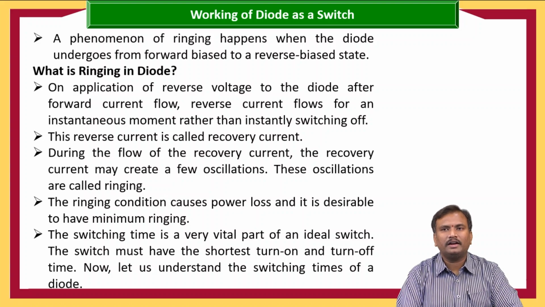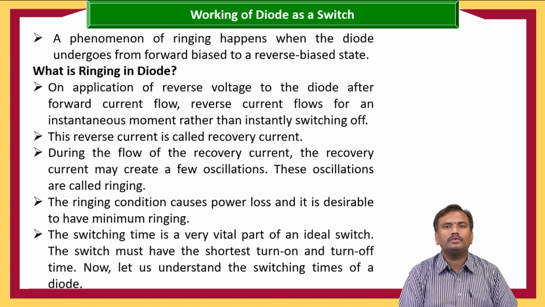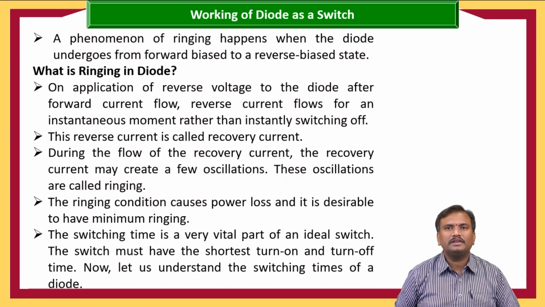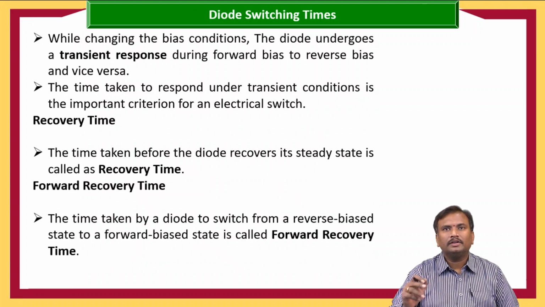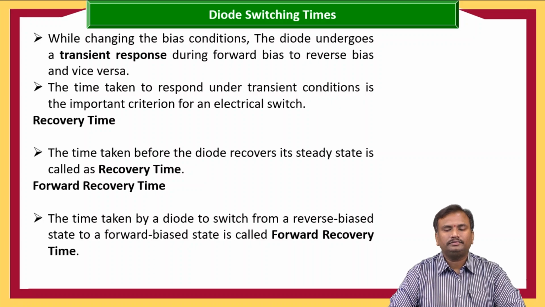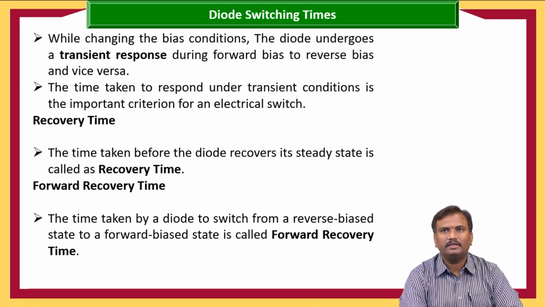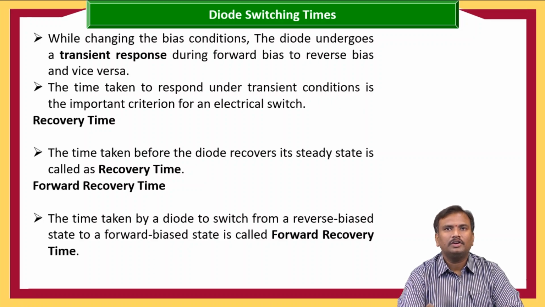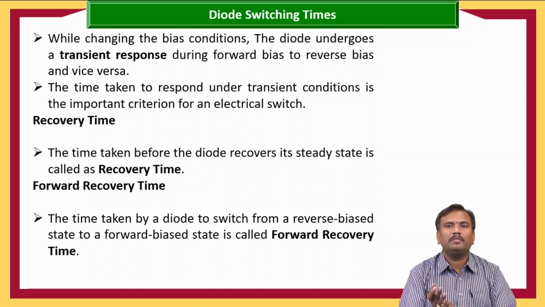Now let us understand the switching times of a diode, under forward bias and reverse bias conditions. While changing the bias conditions, the diode undergoes a transient response from forward bias to reverse bias.